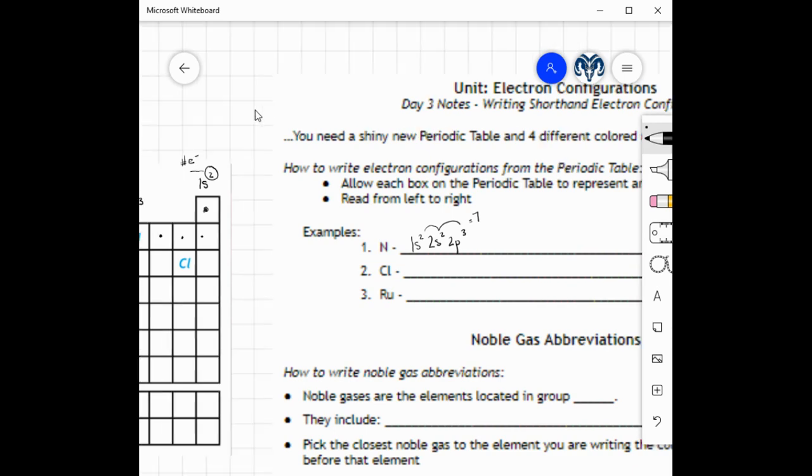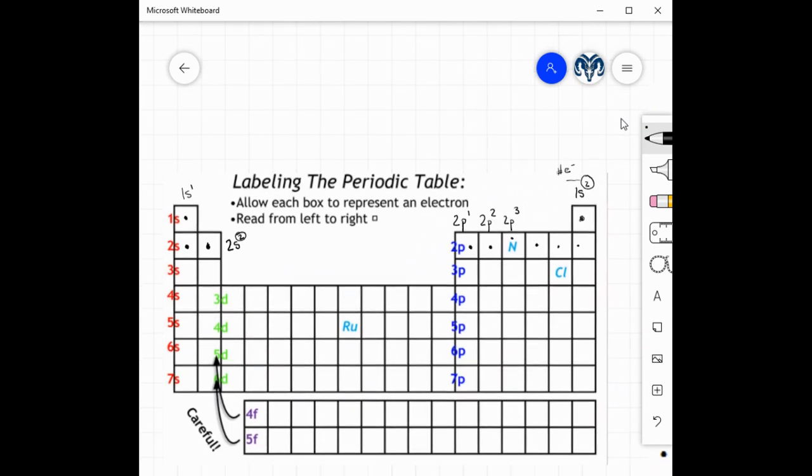Now, when we do this, remember we're going to keep going: this is 2p4, 2p5, and then 2p6. We're going to go down to the next one. So this is going to be 3s1. Then we're going to go over here.